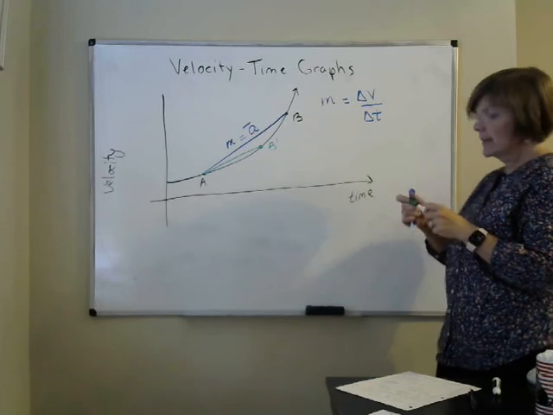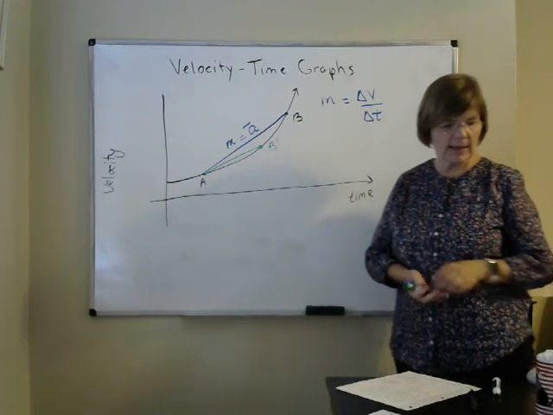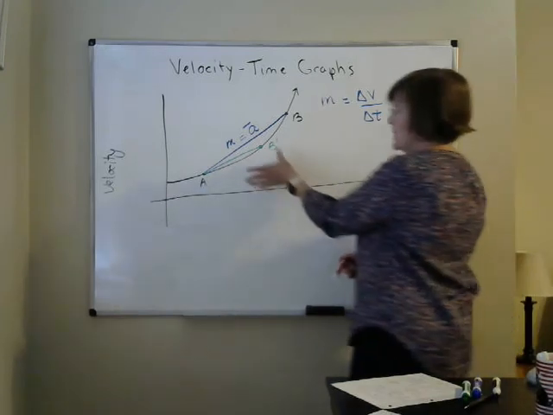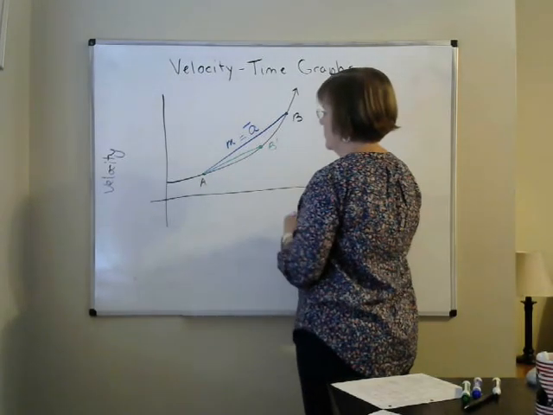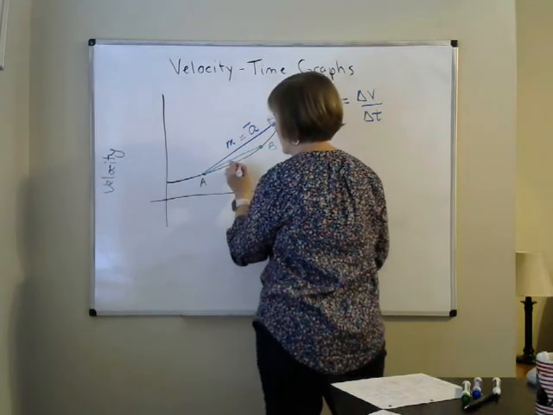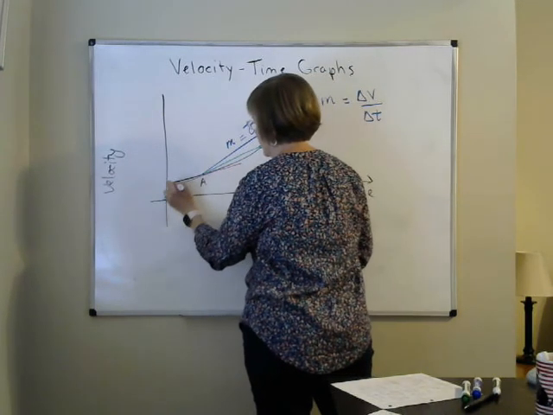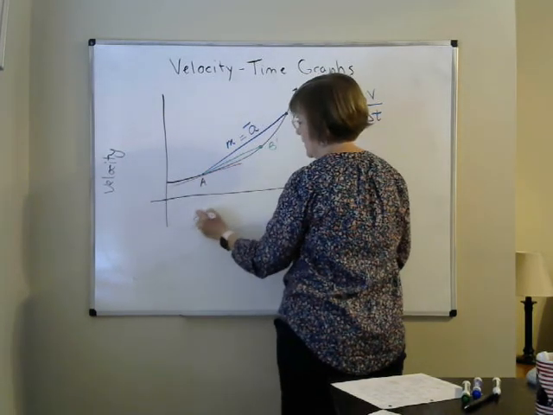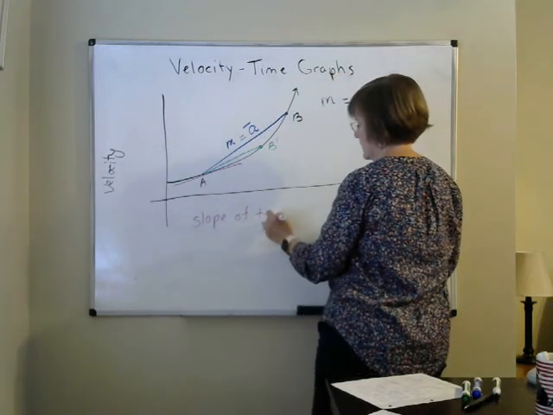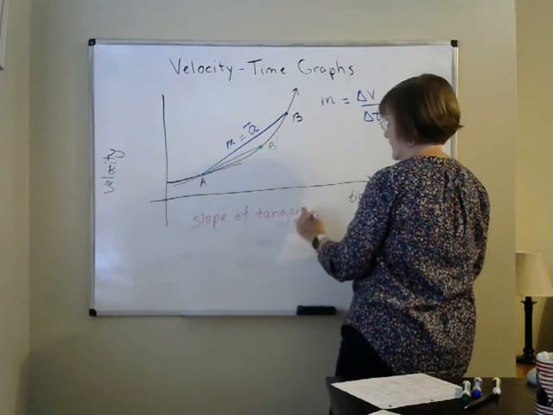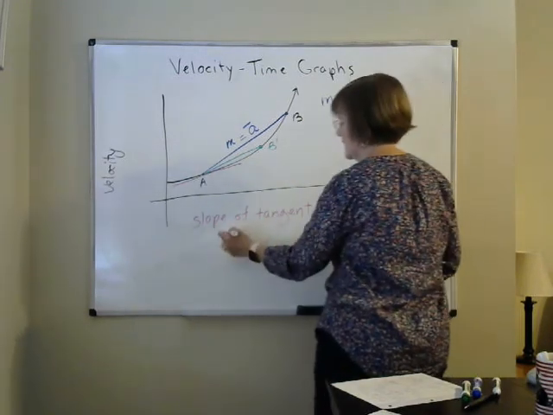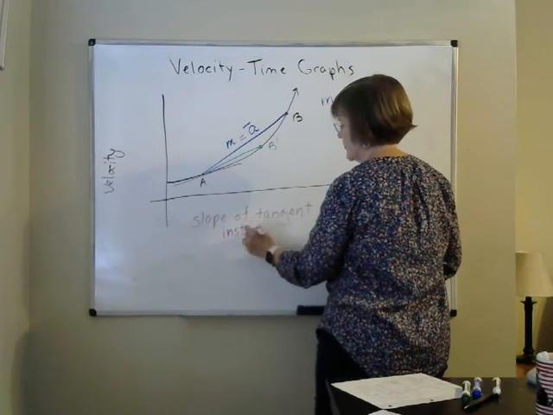But if I really want to know instantaneous acceleration, I need to make that time interval go to 0, which means I'm going to be looking at this tangent line. So the slope of the tangent line in this case gives us instantaneous acceleration.